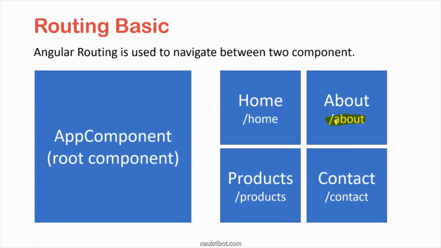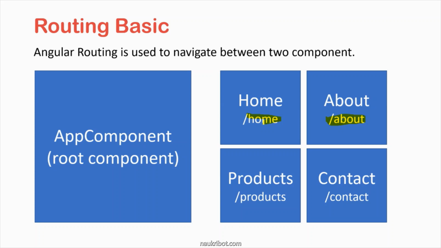I'll try to create the navigation also, some menu-like structure, so we can navigate from one view to another view. We know that Angular supports single page applications, so we don't have to move from one page to another page. It's basically a view shift. It will load everything once, and after that we just move from one view to another view.